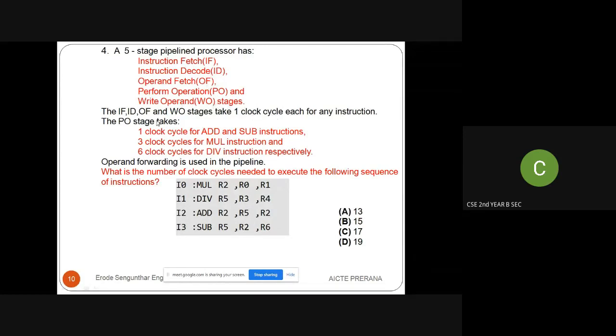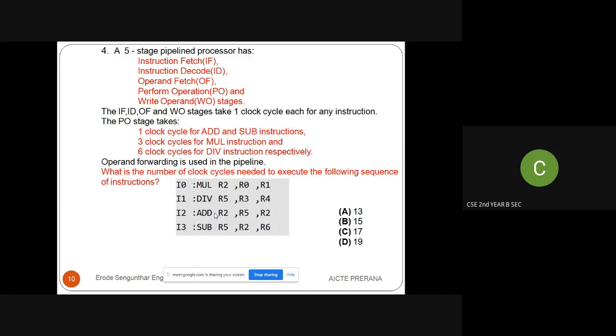For PO, the perform operation stage, there will be a difference in processing: addition and subtraction need 1 clock cycle, multiplication needs 3 clock cycles, division needs 6 clock cycles. We have to analyze the instructions I0, I1, I2, I3. For processing these 4 instructions, how many clock cycles are needed? That is the given question.